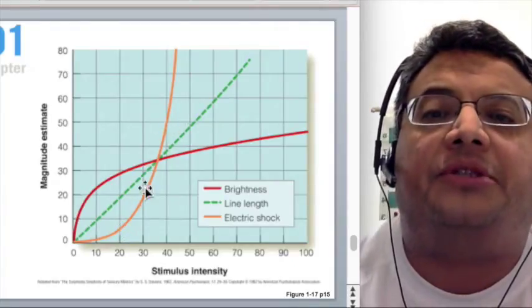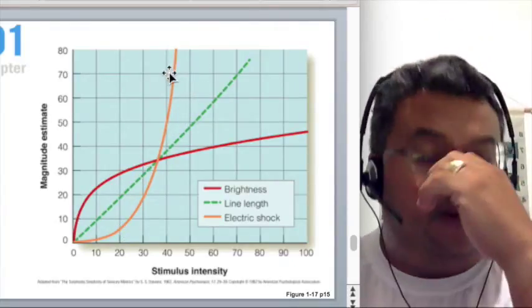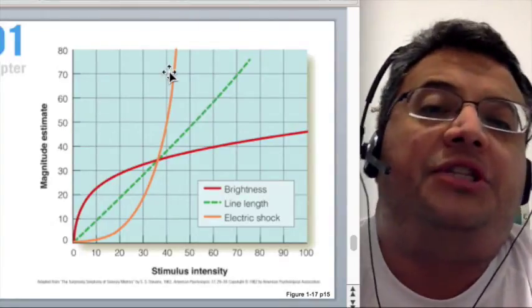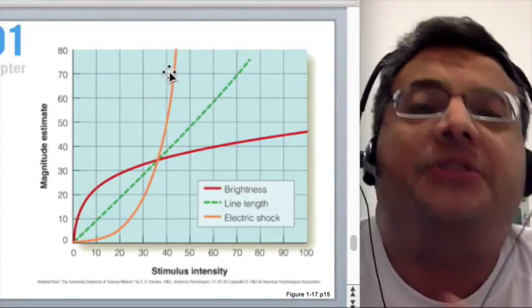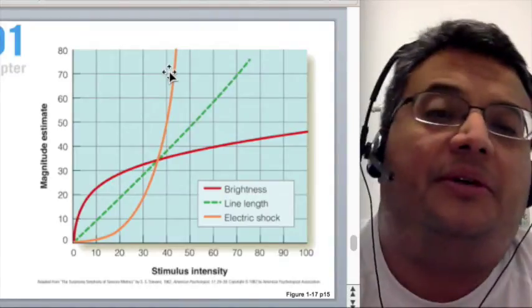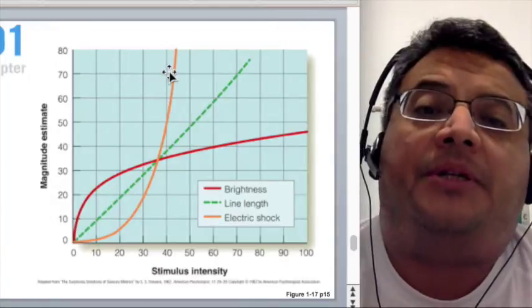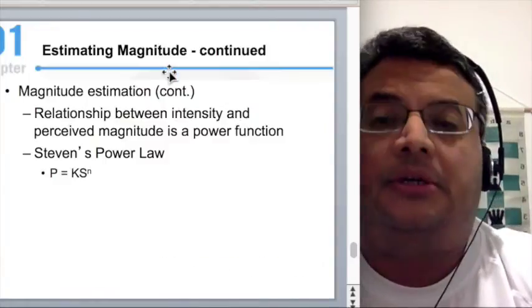There's a huge increase in how painful the shock feels with small increases in the stimulus. This is called response expansion. Different stimuli can exhibit either response expansion or response compression.